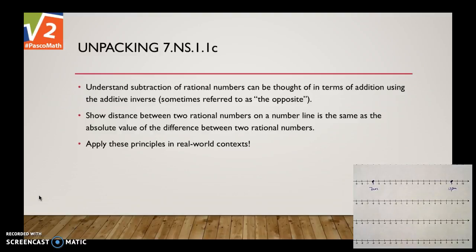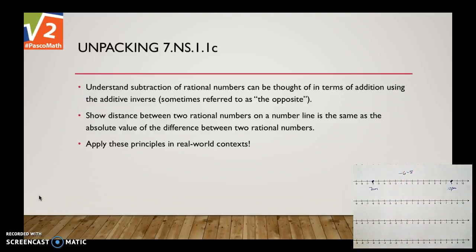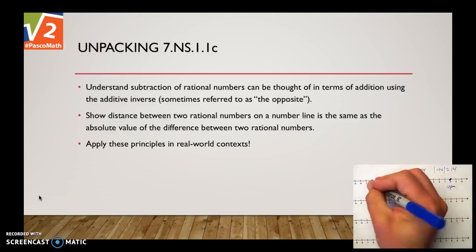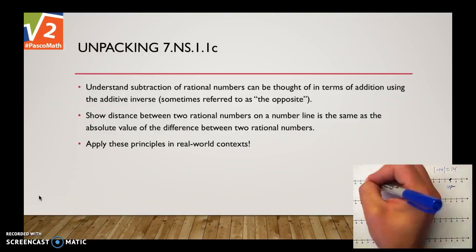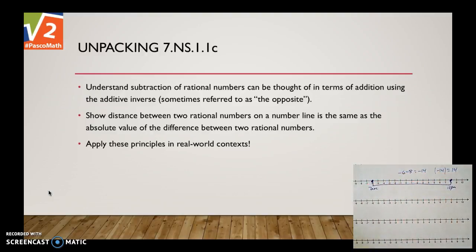If we look at the difference between these, negative 6 minus 8, it's negative 14. I know that the absolute value of negative 14 is 14. And so we can show on the number line that the distance between these numbers is 14.